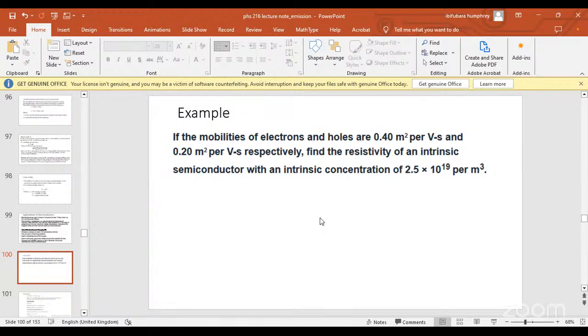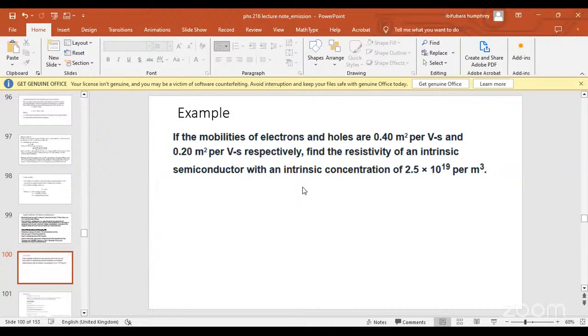So this has to do with a combination of, remember, in an intrinsic semiconductor, we have equal amounts of electrons and holes as carriers. So it implies that we are going to add them together. The mobilities of the electrons and holes are given respectively. So we are going to find the conductivity, and conductivity is inversely proportional to resistivity.